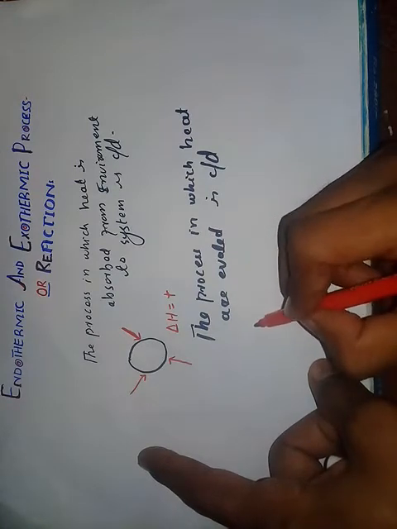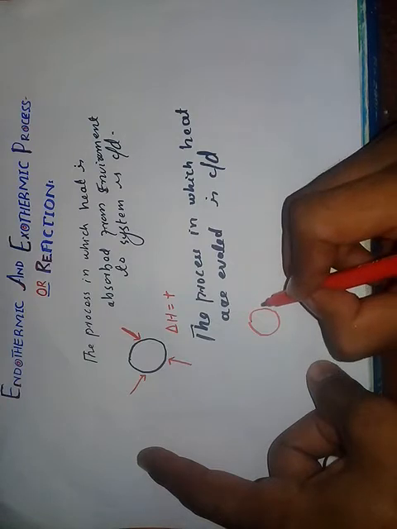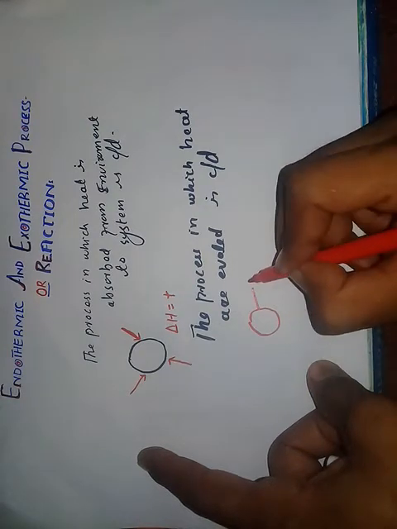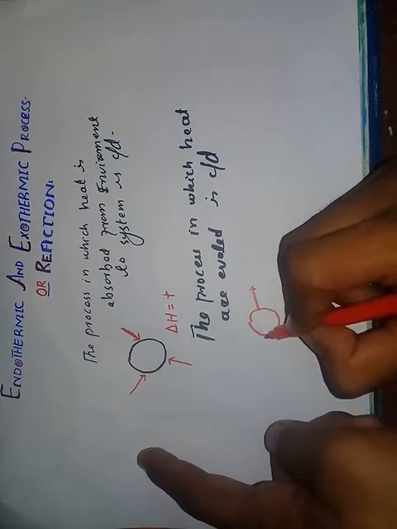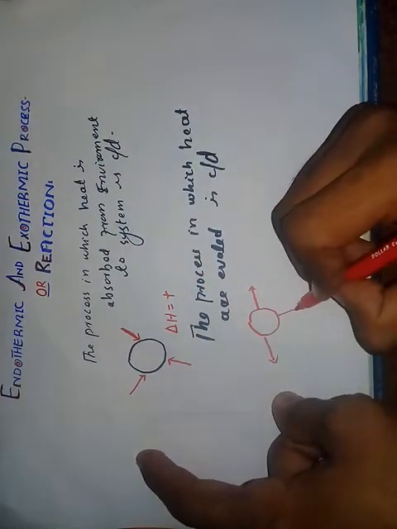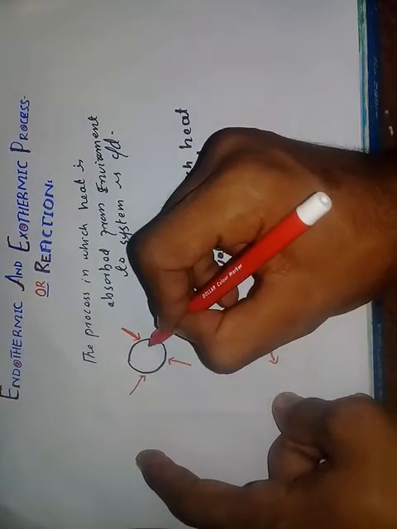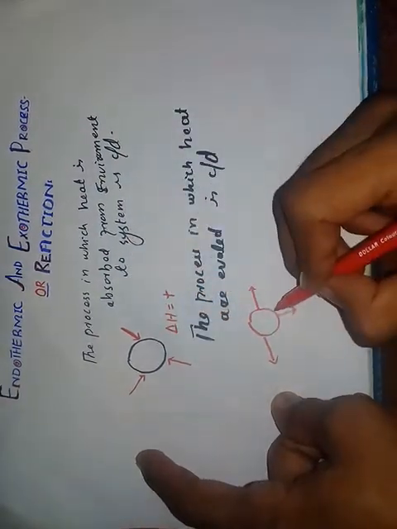Let's suppose this is my system and this is the environment. In this process, heat leaves the system and goes toward the environment. While in the case of an endothermic process, heat leaves the environment and goes to the system. Both are opposite to each other.